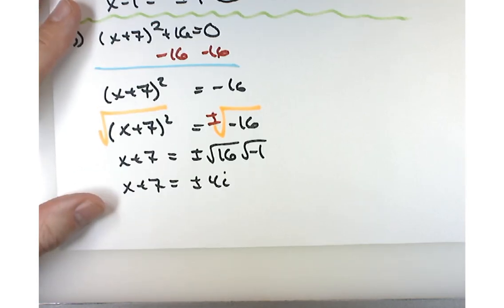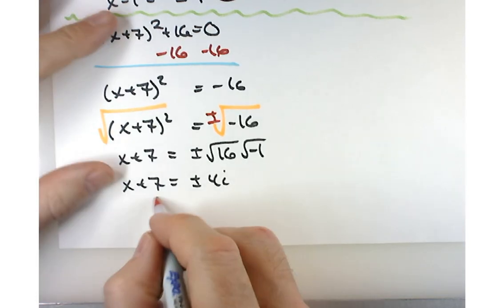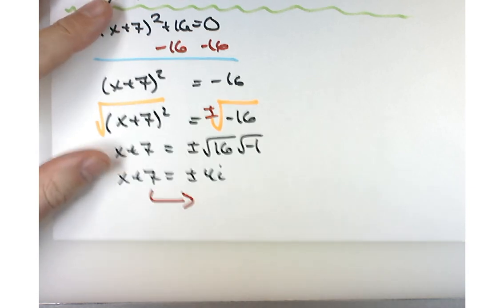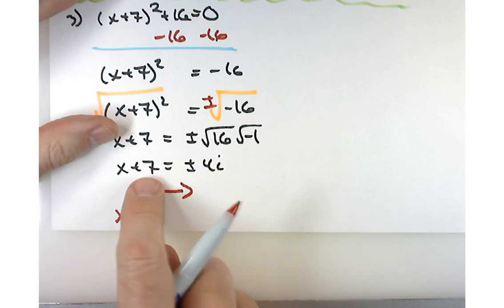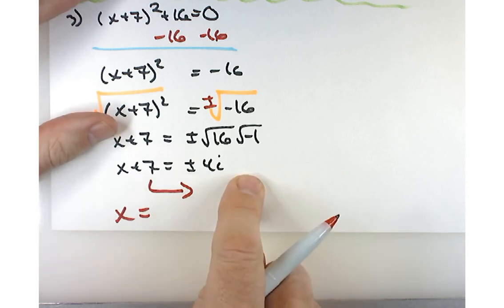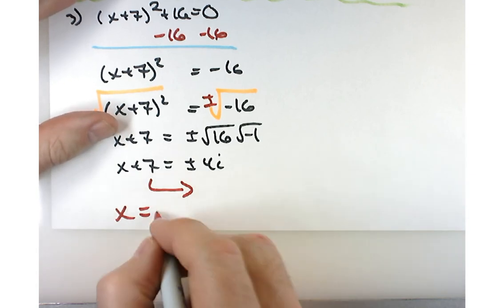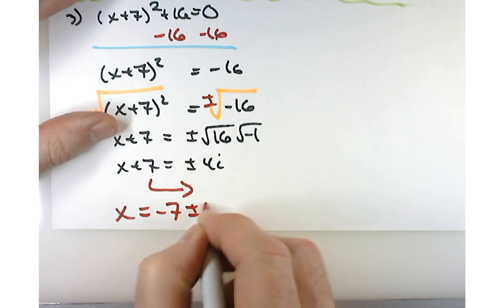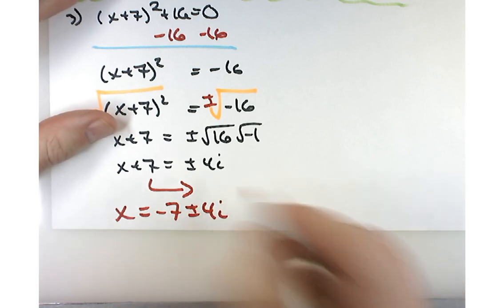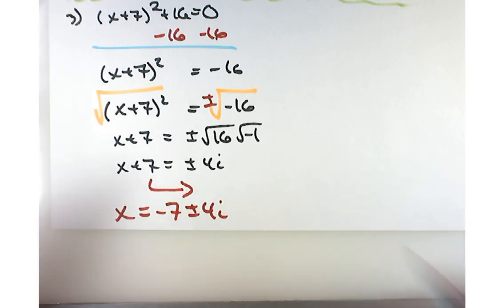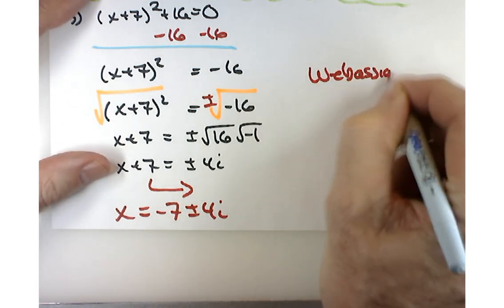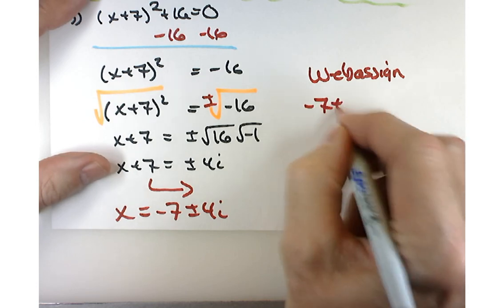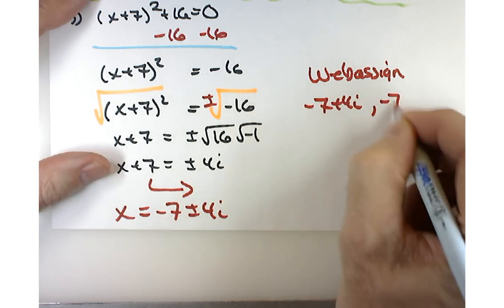So here's what I'll let you get away with. For this class, you're not going to quite get away with it for WebAssign, but if I move that 7 to the other side, what happens to it? -7. Thank you. It becomes a -7 plus or minus 4i. Yay. So that's the Jeff answer. Anyone want to suggest what the WebAssign answer is going to be? -7 plus 4i and -7 minus 4i.